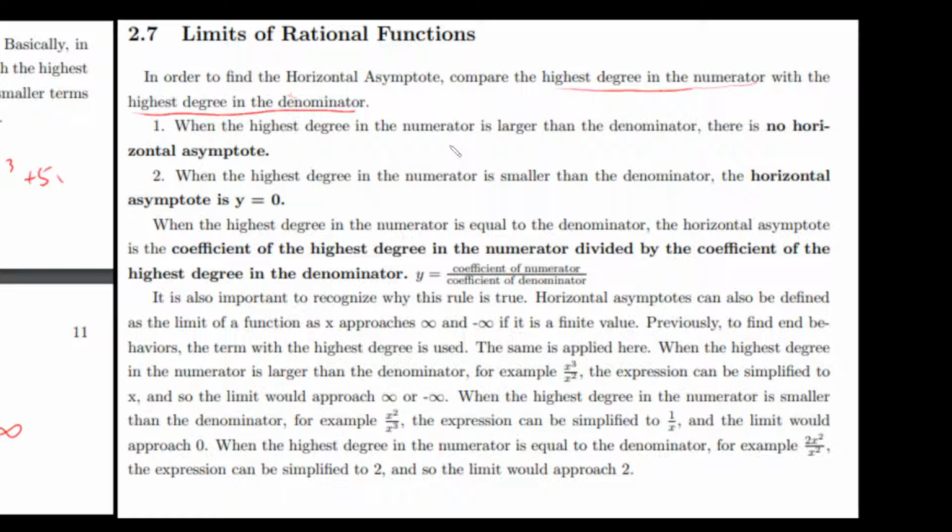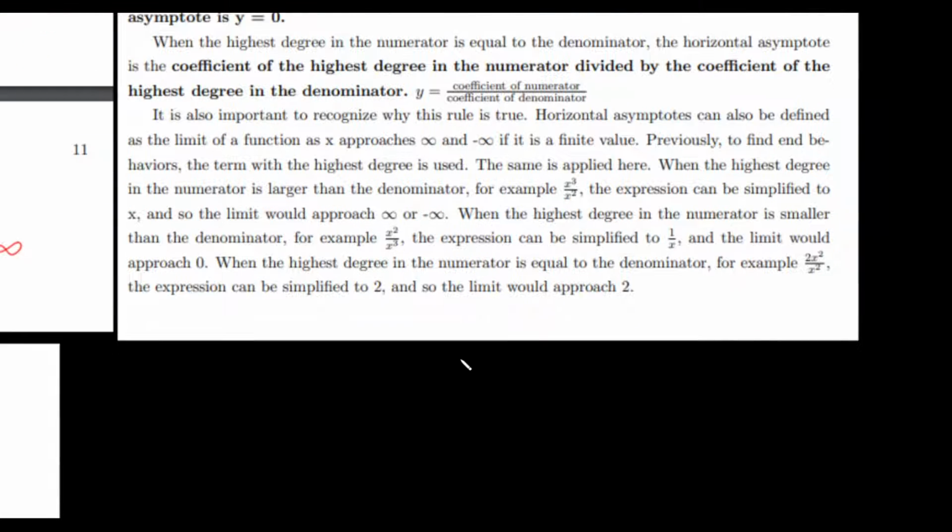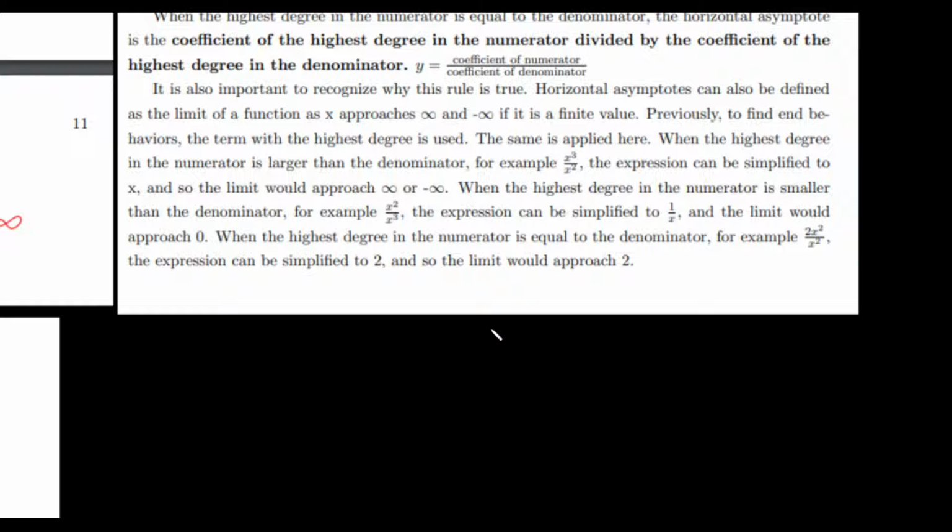If I use a and b and then n and m, we are comparing n to m. When the highest degree in the numerator is larger than the denominator, so the top is larger than the bottom when it comes to these exponents, there's no horizontal asymptote. When it's smaller, there is a horizontal asymptote at 0. And when the highest degree is the same, we look at the coefficient of the numerator divided by the coefficient of the denominator. That is great and dandy if you memorize all that, but here's how I think of it. Here's why this happens.